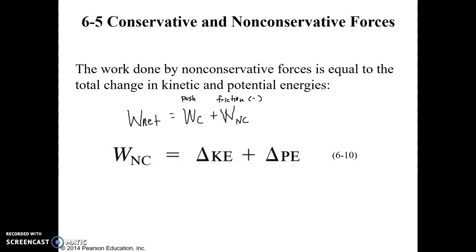So we have to do work. Friction is working against us. The sum of that work is the net work done on the system. And the work done by those non-conservative forces can be found by looking at the change in kinetic energy and the change in potential energy of a system. So again, if it almost seems like some energy is disappearing out of our system, it's not disappearing, it's just doing non-conservative work.